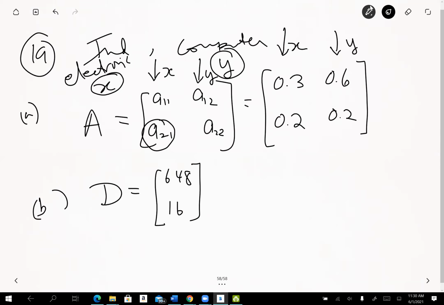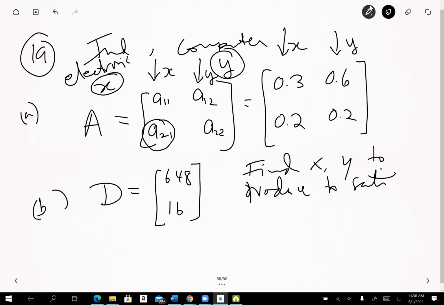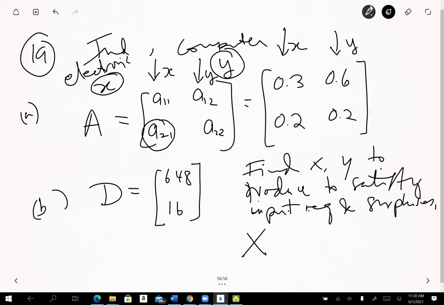And then if I want to find X and Y to produce, to satisfy the input requirement and the surpluses, or the final demand or final consumption, then we use X equals I minus A inverse multiplied by D. Now D is already known, A is already known.